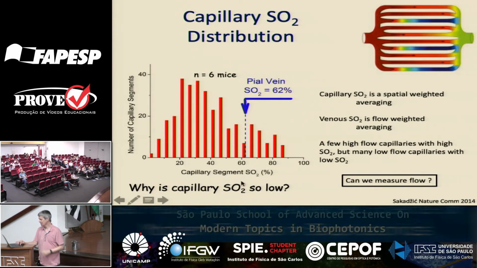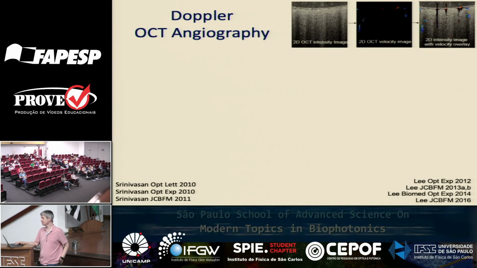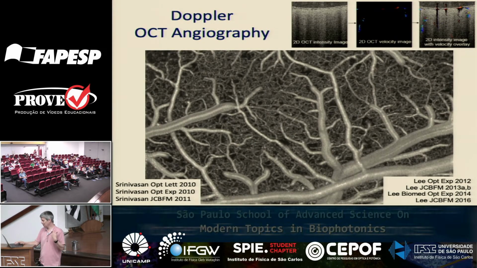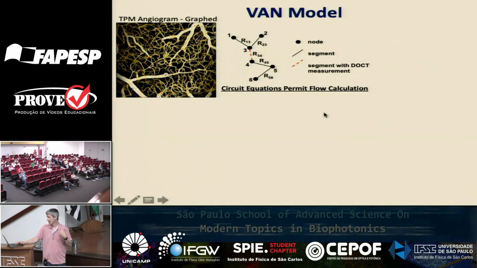So this is related to, I've been saying there's these capillaries with high flow. Well, can we measure flow? And so I showed you 2 days ago and yesterday we can use OCT to measure flow. And I'm not going to dwell on this again, but importantly, we've made measurements of flow in these microvascular networks, and we can now take all of this information.